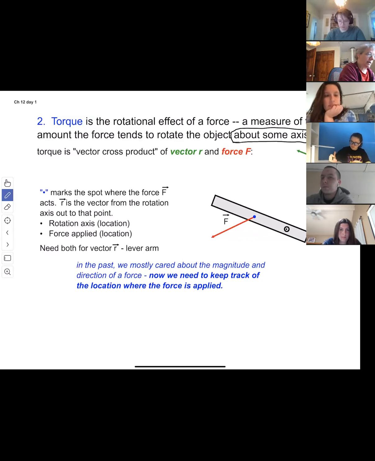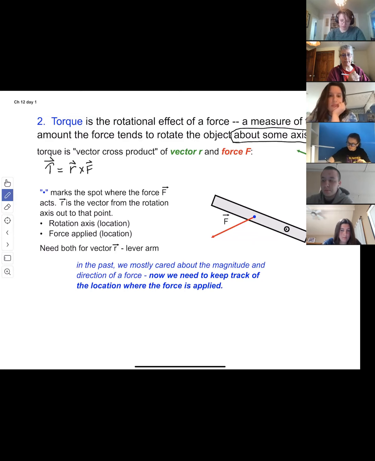Now in your book, they talk about the vector cross product. We had done the vector dot product last week, and this week we got the vector cross product. So they said something like tau is r cross F. That means tau itself is a vector.